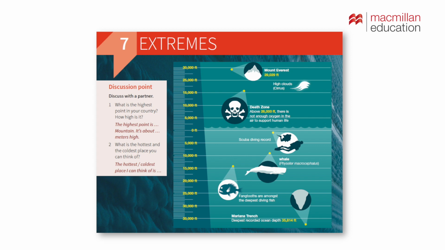So each unit will begin with one of these bright, colorful, clear infographics, which come with these discussion questions to get students thinking more about the topic before they go more in depth.